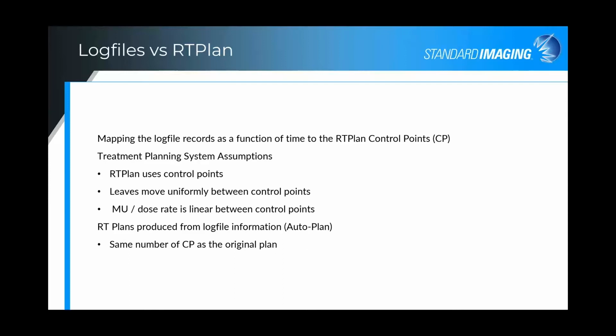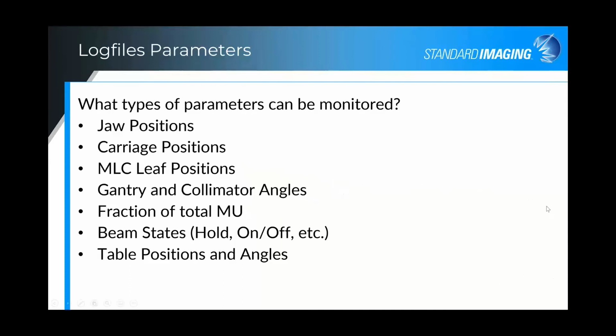And then you can even review and see how closely those generated RT plans match the RT plan that is generated with a few control points, matched to what the log file specifies on a very granular level.